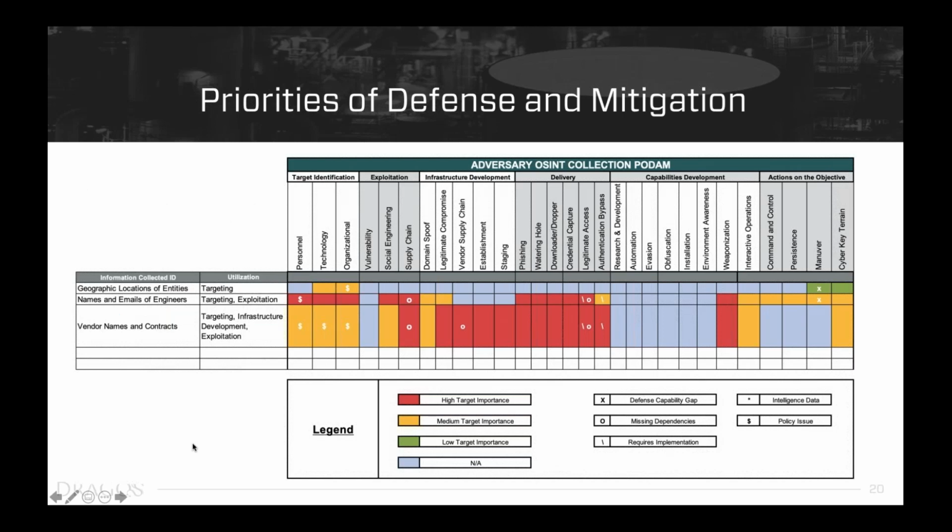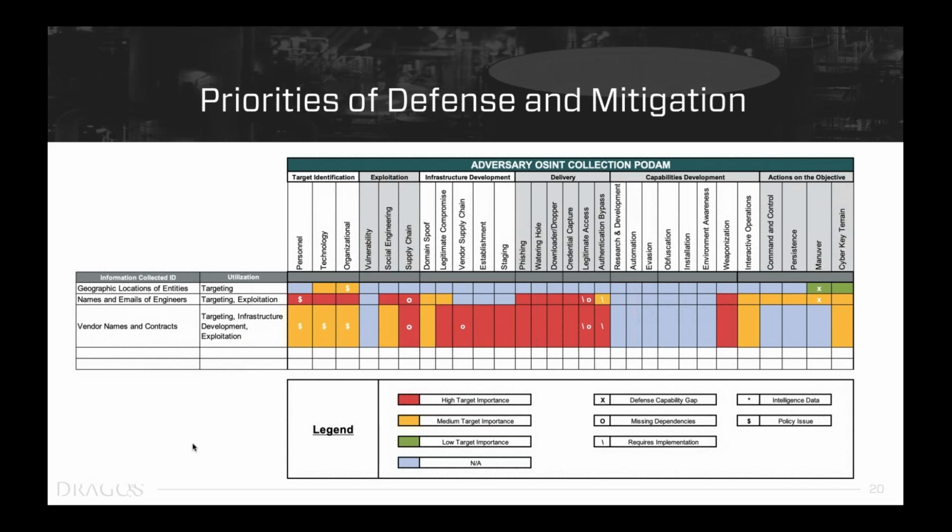The PODAM table for assessing OSINT collection is broken up into several main categories. We look at target identification, exploitation, infrastructure development, delivery, capabilities development, and actions on objectives as essentially the result of collecting specific types of information. Within these categories are descriptions of assessed potential use cases for an adversary operationalizing OSINT.